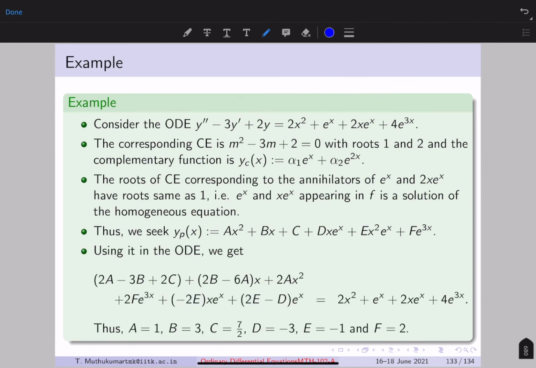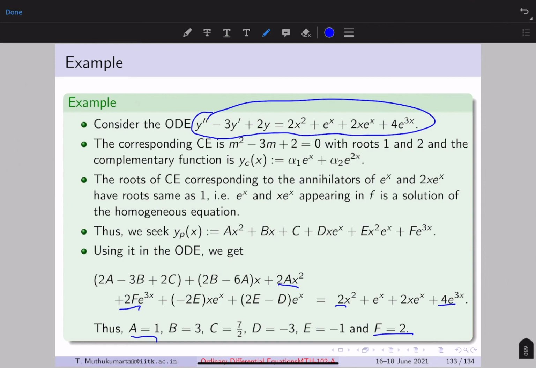So you use this information in this ODE and match the coefficients. Then you'll get 2a x square equal to 2x square, which gives you a is 1. And 2f is equal to 4, which gives you f equal to 2.